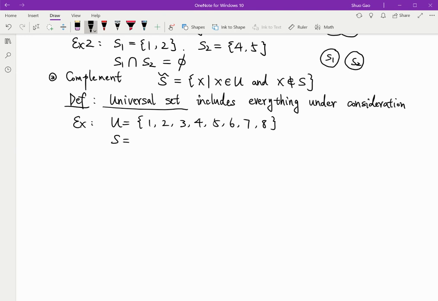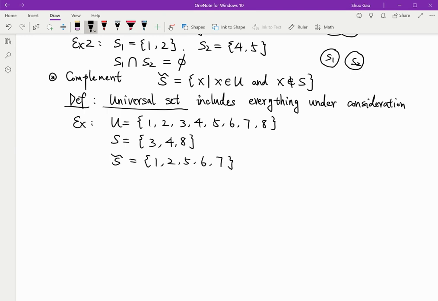So in this setting, for example, S is 3, 4, 8. Then S tilde, or the complement of S, should be everything that's included in the universal set but is not included in S. So in this case, it should be 1, 2, 5, 6, and 7.